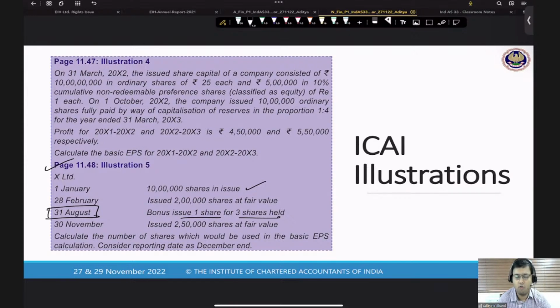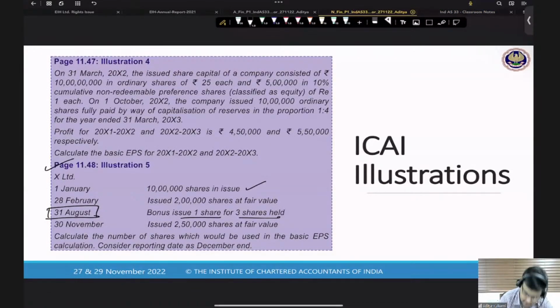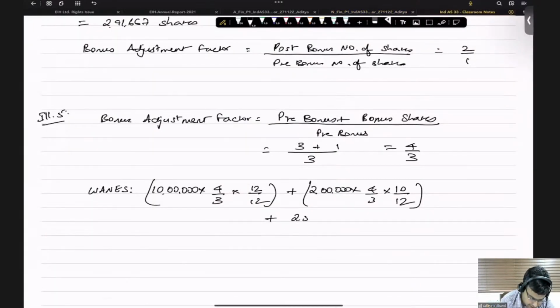That means 2 months have passed, 10 months remain, and that is 2 lakh shares plus 2 lakhs into 4 by 3 into 10 by 12. No separate adjustment for bonus because they've already been included. 30th November 2,50,000 at fair value. So 2,50,000 into 1 by 12.